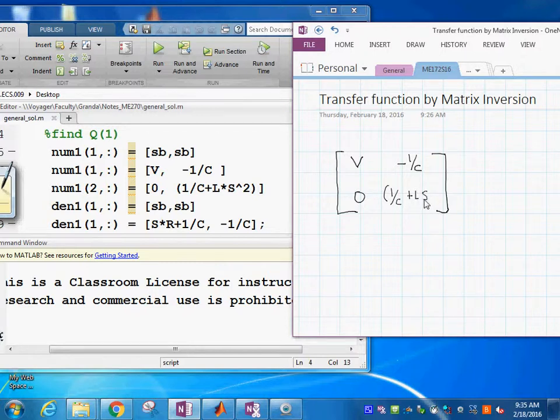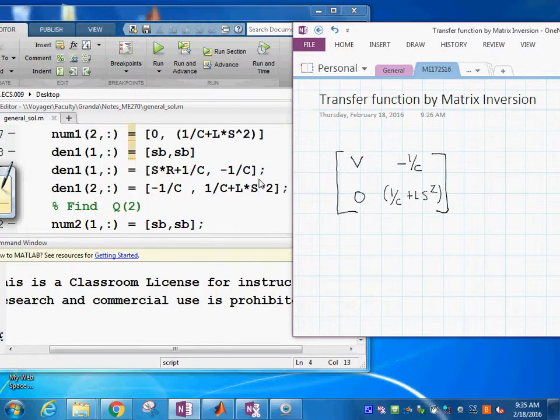And then we are going to define the denominator. This basically is, as one of you mentioned a few moments ago, how you actually use Cramer's rule to find Q1 in this case.